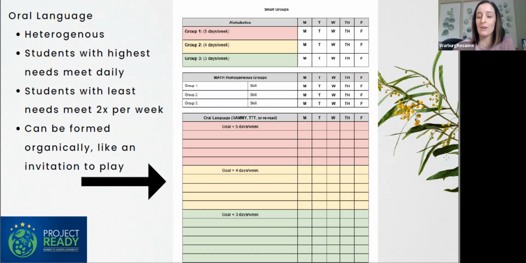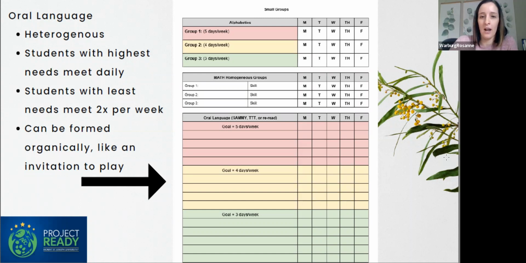And we just want to make sure that we are noting that we saw this student and this student all together on Monday for a small group oral language, if that makes sense. So we are tracking all of our students and who was able to be seen for an oral language practice activity.